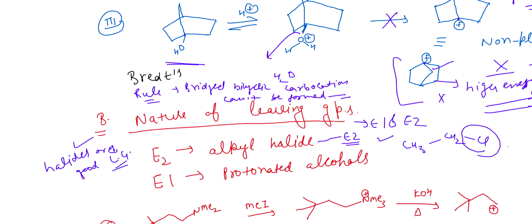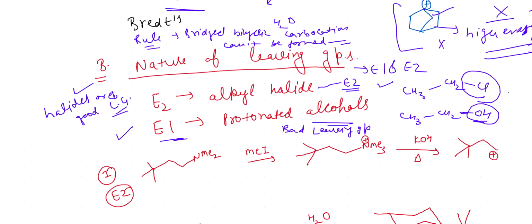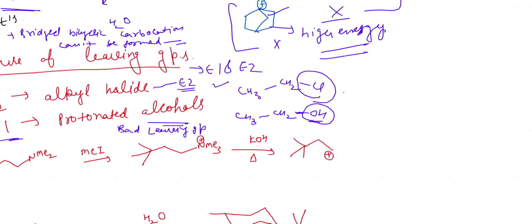Okay, so alcohols. If we are talking about alcohols, this OH group is a bad leaving group. Bad leaving group, so it would like to undergo E1 mechanism. How will it proceed via E1 mechanism? First of all, this OH will be protonated. On protonation, what happens? It acts as a good leaving group.